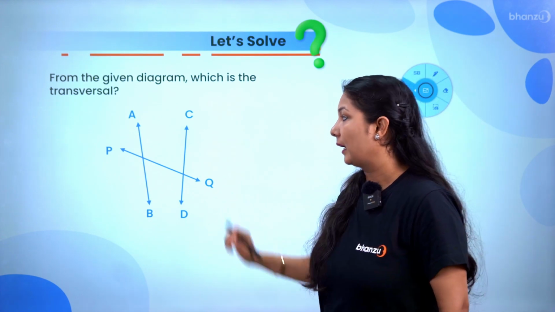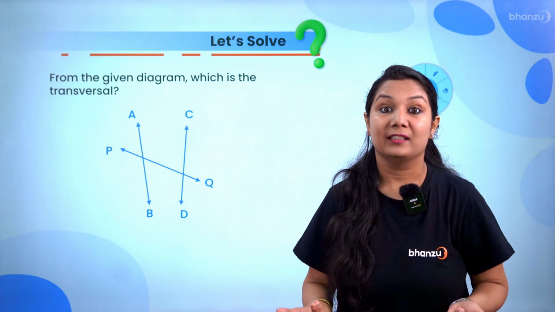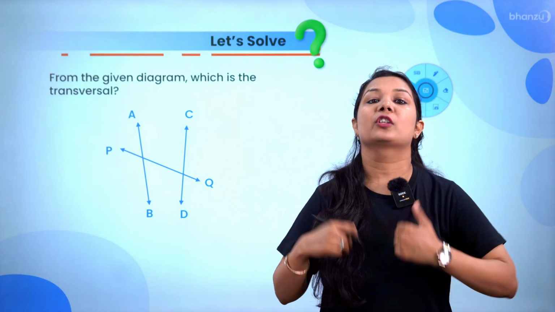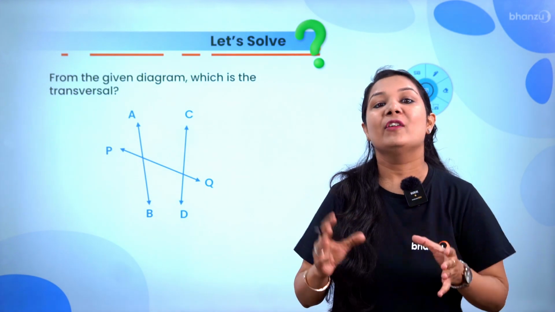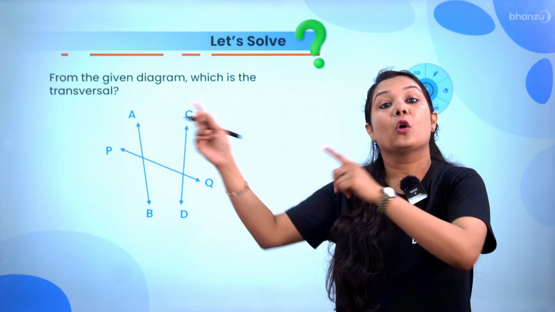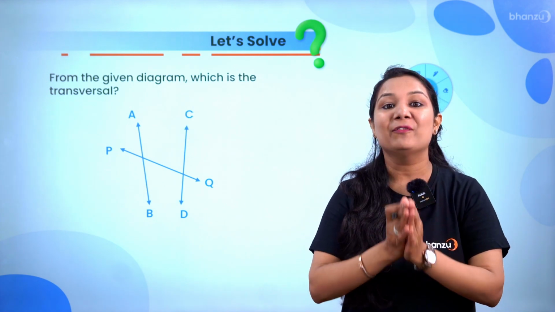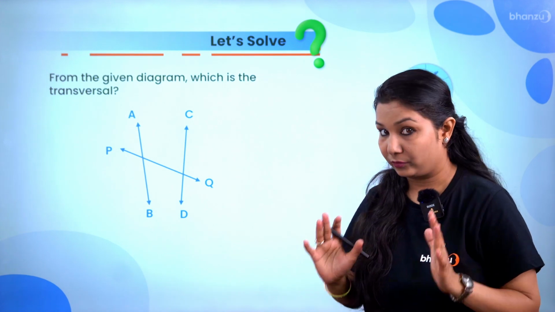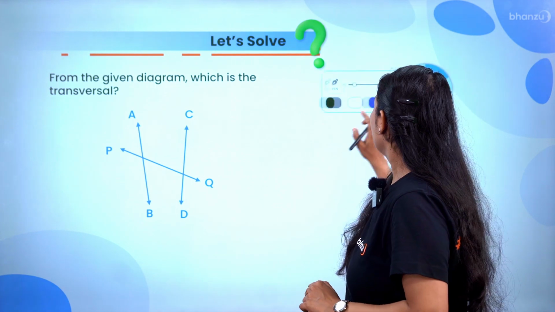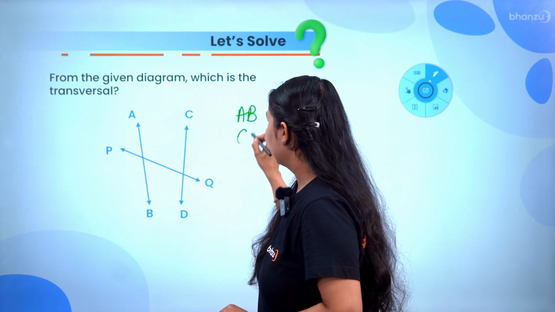From the given diagram, which is the transversal? Whenever they ask you which is the transversal or to name the pairs of parallel lines, we should always go back to the concept. So what's a transversal? It's a line where two or more lines intersect at distinct points, right? So here we have two different lines, AB and CD, right?